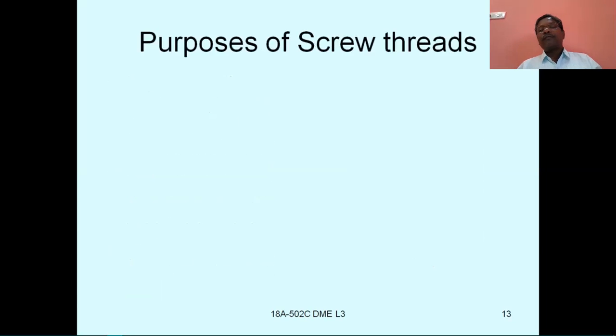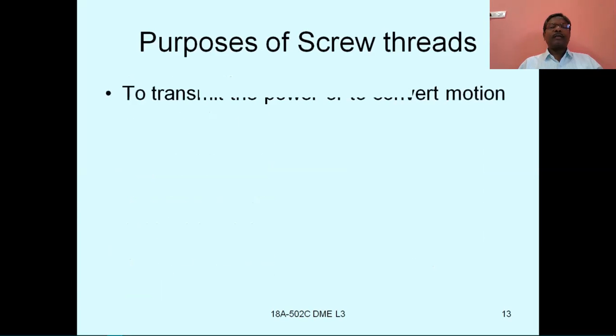What is the purpose of screw threads? Here you can see, number one, screw threads are used to transmit power or to convert motion. That means we are going to use these screw threads to transmit power from one place to another place, or to convert one form of motion to another form of motion.